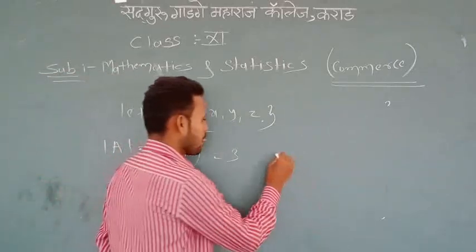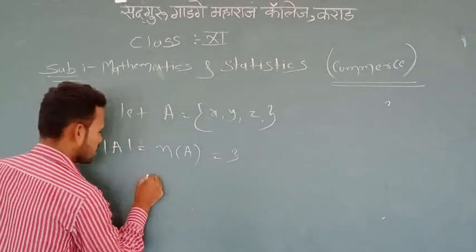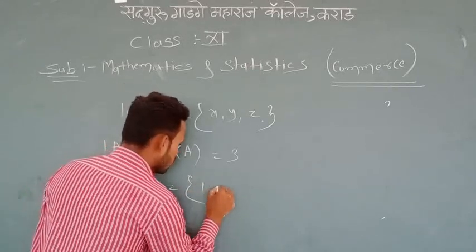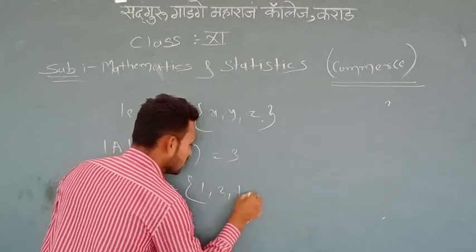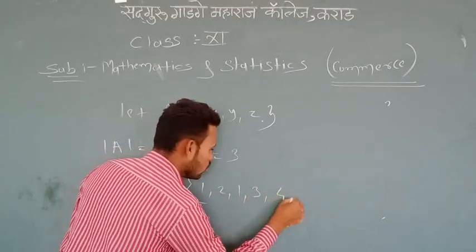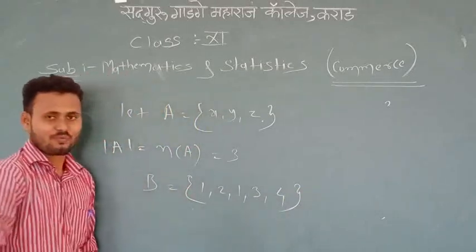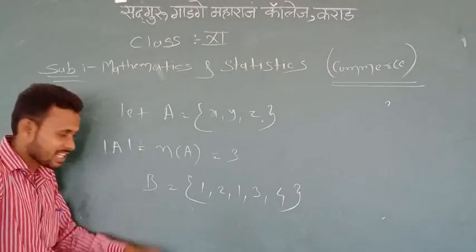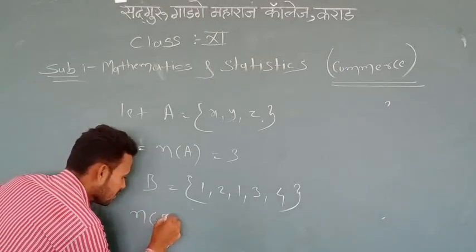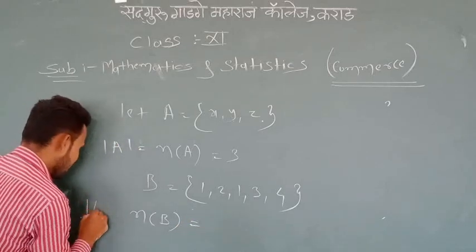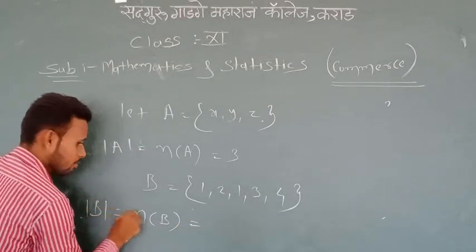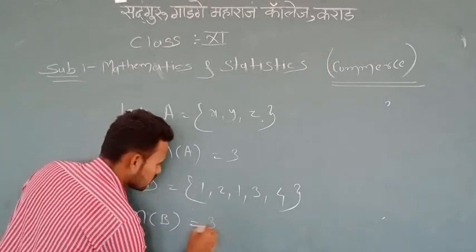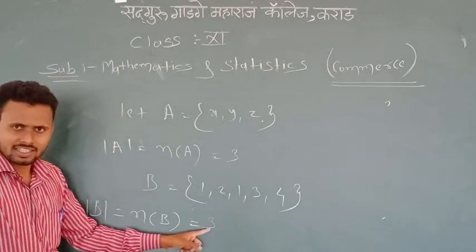Now another example: suppose I take the next set B equal to the set containing 1, 2, 1, 3, 4. What is the cardinality of the set B, or the number of elements n(B)? How many elements in that set? 3 or 4?